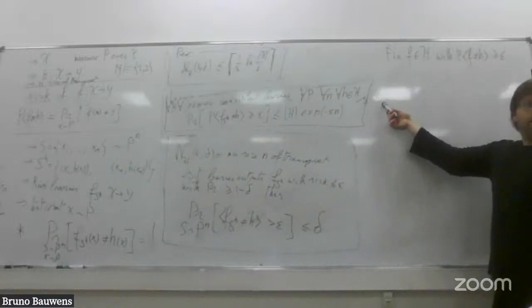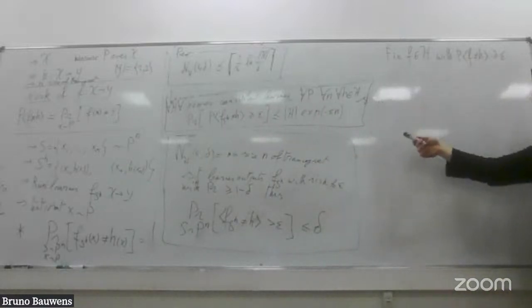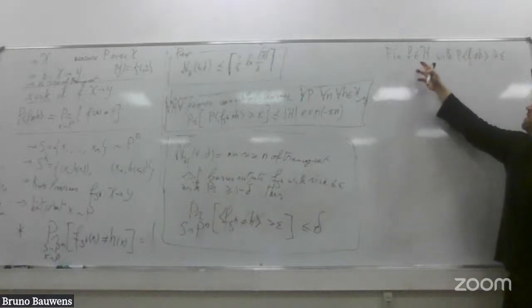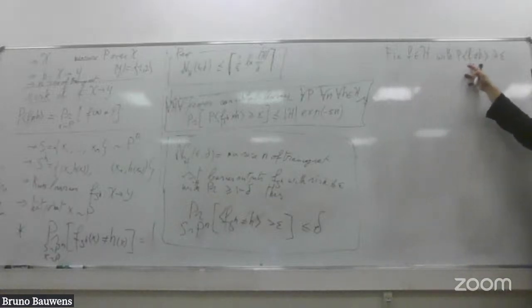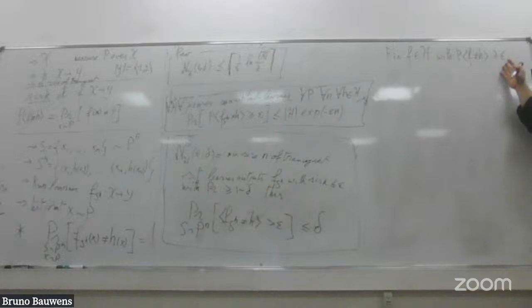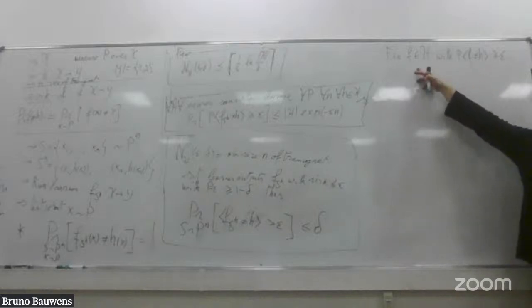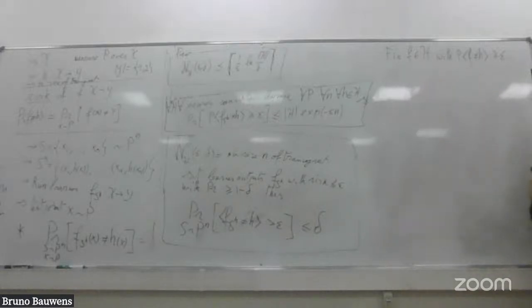We can only output this classifier f if the training set is consistent, if the training set has just bad inputs where f and h agree. But this is unlikely to happen because f and h are likely to differ.